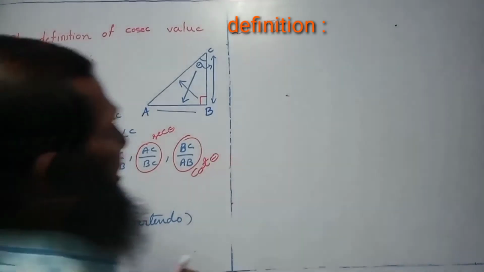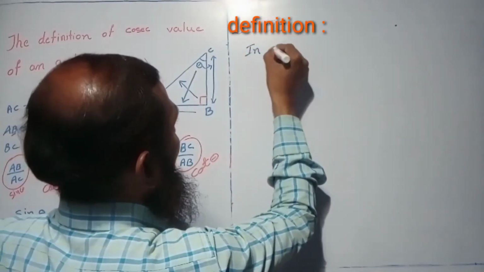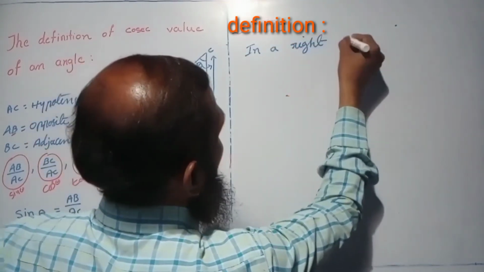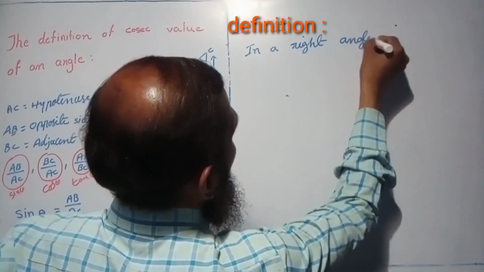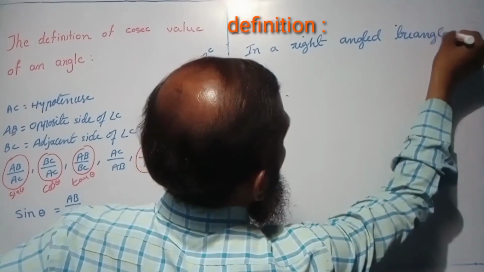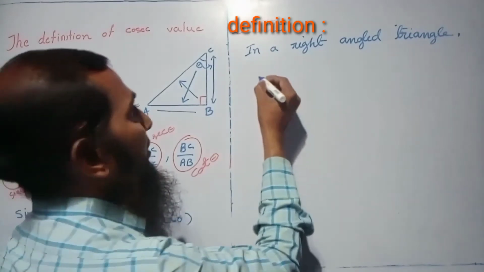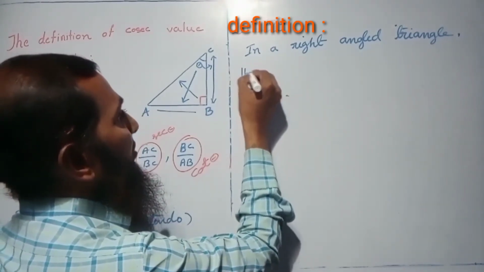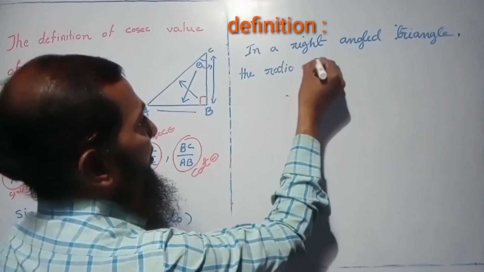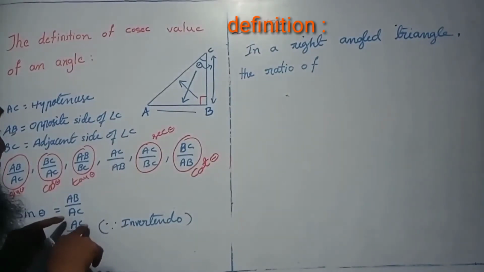Now write the definition. In a right angle triangle ABC, the ratio of AC, what do you call AC here?